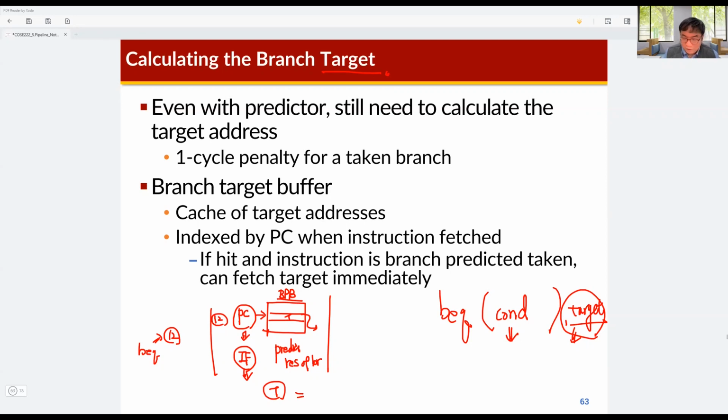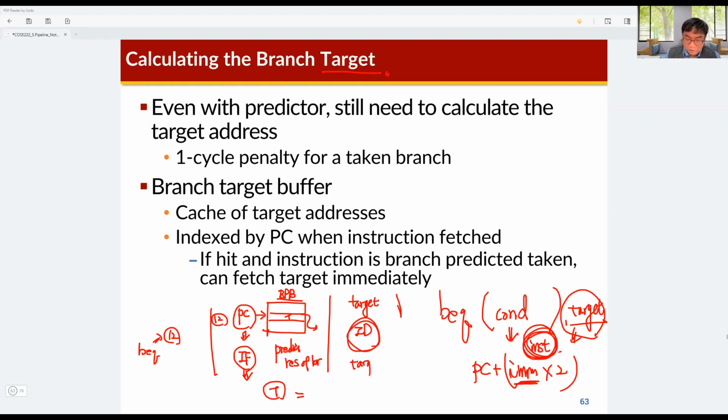Actually, the target of the branch instruction for RISC-V is the current PC, the PC of the branch instruction, plus the immediate value multiplied by 2. And where is this immediate value? Oh, the immediate value is in the instruction. What's the problem? We can only know the target of the branch instruction at the ID stage.